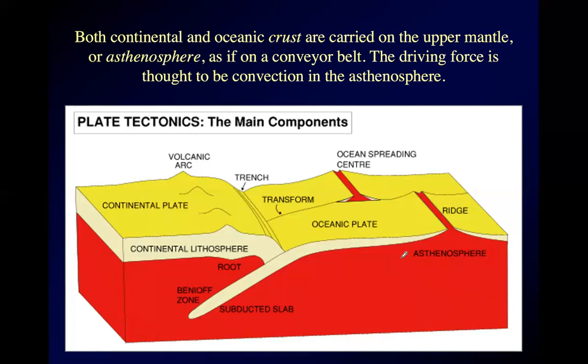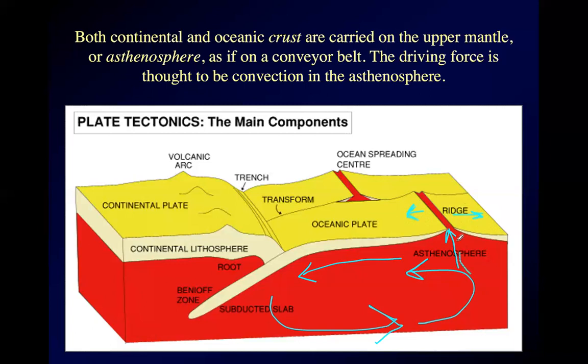The asthenosphere circulates very, very slowly over the course of extremely long time periods. And what happens is that rising rock comes up this way and pushes the plates apart at the mid-oceanic ridges.